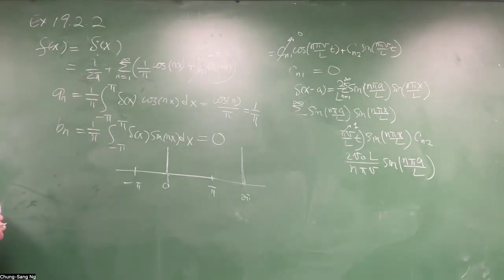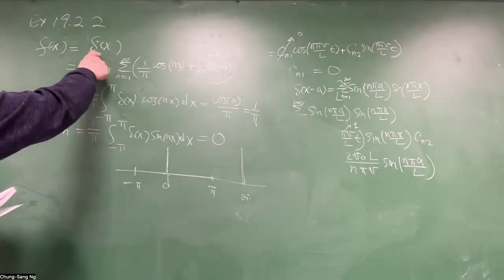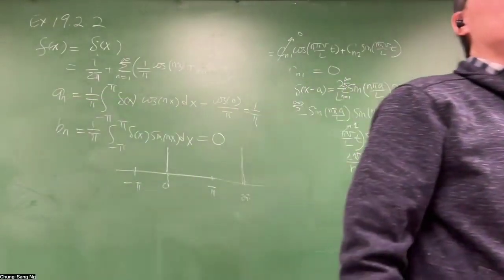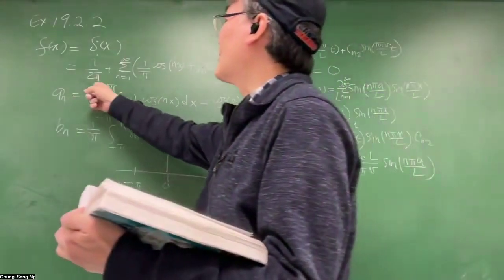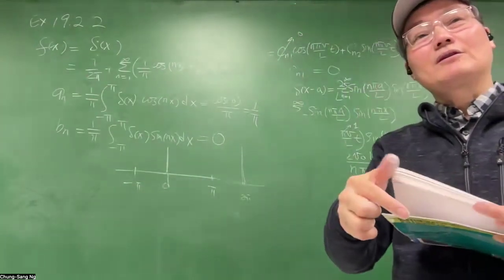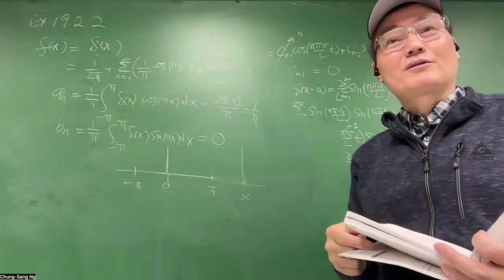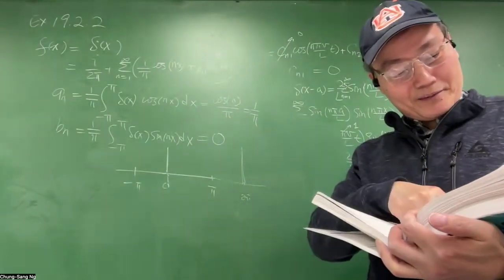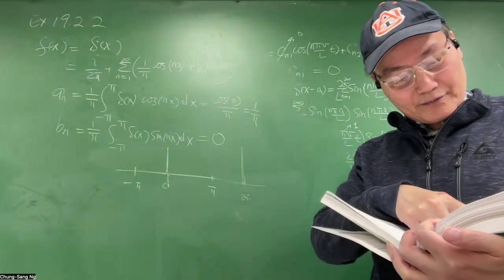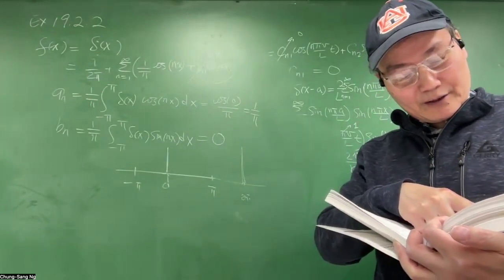Because the period is 2 pi, the integral over a delta function always gives you 1, so the average is 1 over 2 pi. So the constant term has the meaning of the average of the function over this period. Then part B, in what region is this representation valid?